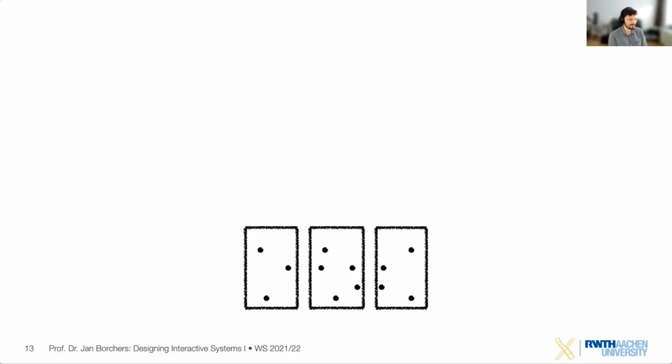Yeah, so definitely Gestalt laws are very often also used in art and so on, to confuse people, to create illusions and so on. So definitely it's possible that those Gestalt laws are used to create different perspectives on things.